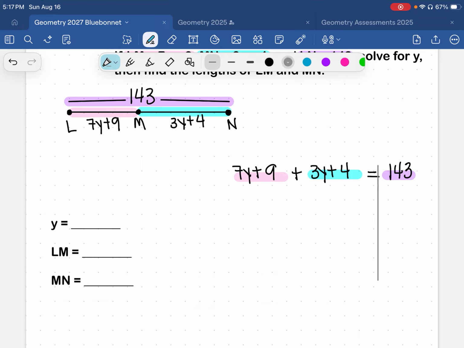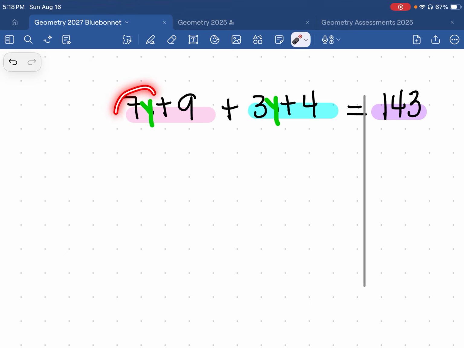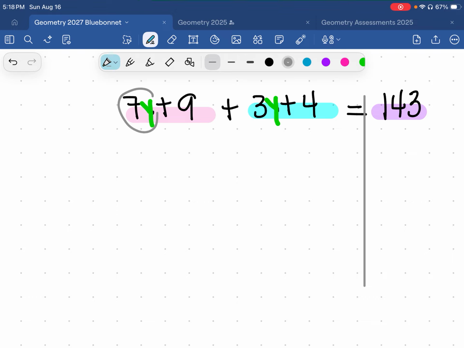Remember, if it's helpful, draw the line through the equal sign so that you can focus on can you add or not. Let me pick a color here for my y. I'm going to pick green because I've used pink and blue and purple. I can see that these two y's are on the same side, so maybe I circle them together and add them.